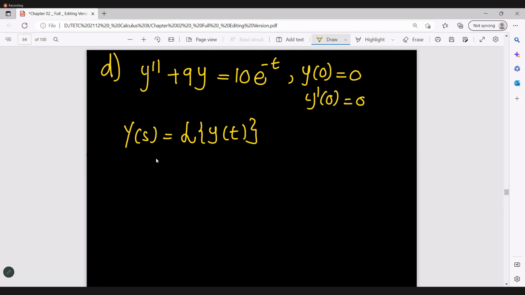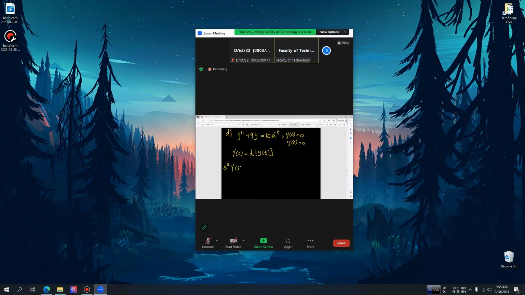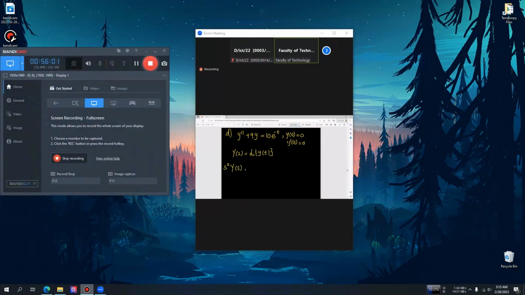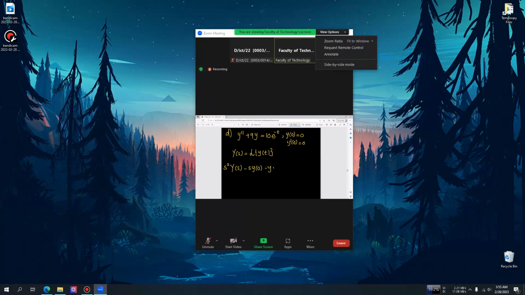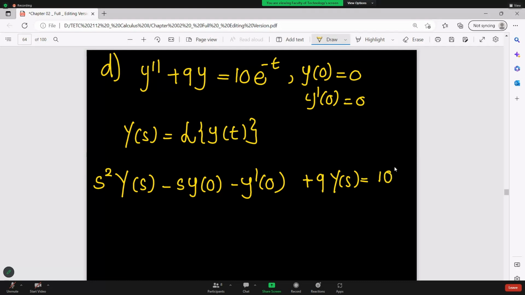And then you need to take the Laplace transform of both sides of this differential equation. So you will obtain the expression s squared capital Y of s minus s y(0) minus y dash 0 plus 9 capital Y of s is equal to 10.